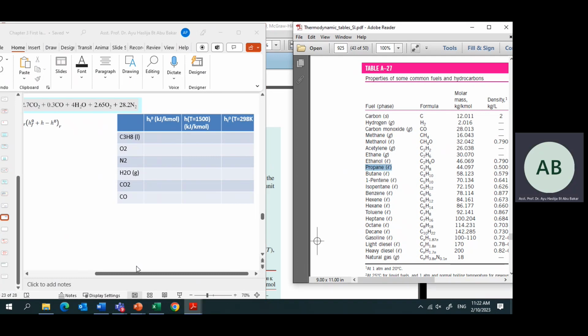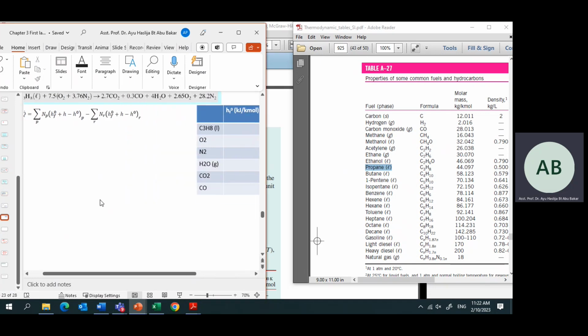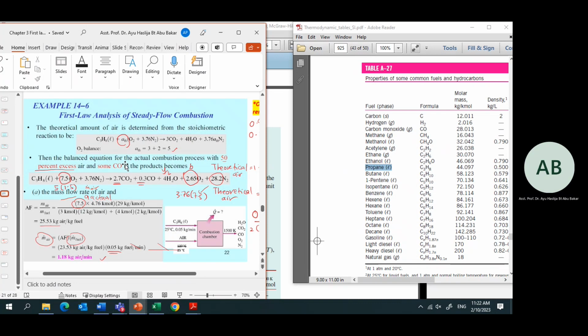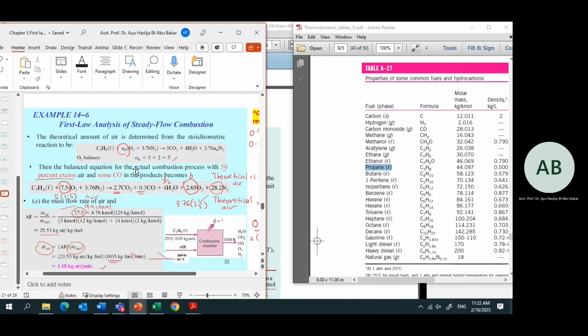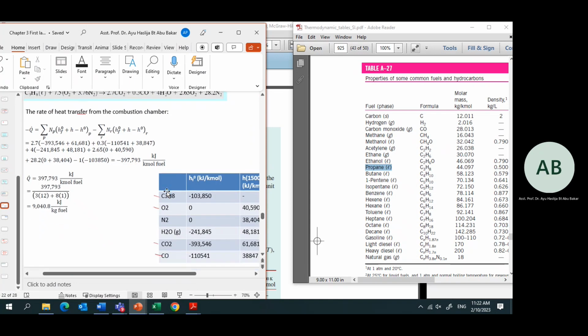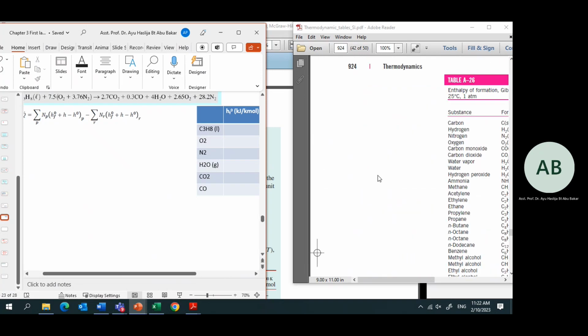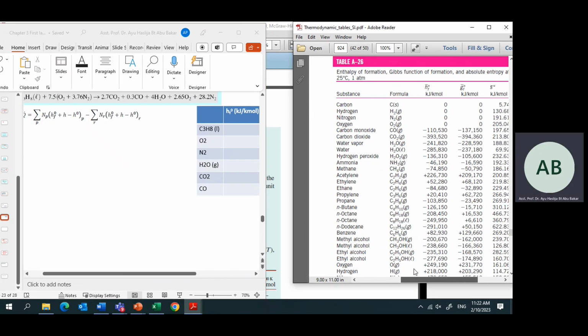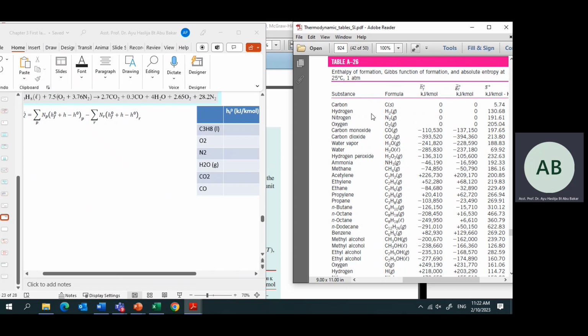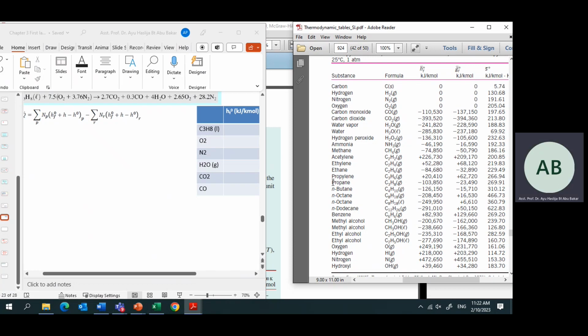But for the HF from table A26, the HF given for propane is for gas.